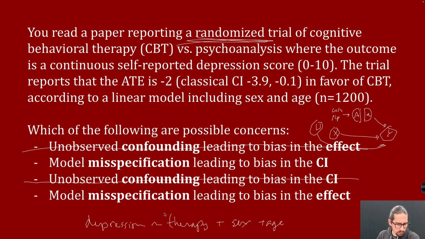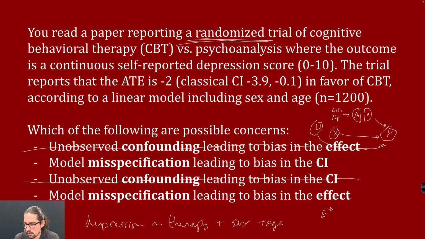There's no reason that there's a linear relationship between depression and age, or any of the other variables, and normality assumptions or anything like that probably don't hold. And so the question is, does the fact that this is misspecified lead to bias in the effect? And like we saw, this is kind of review from last time. Like we saw last time, in general, this would lead to bias in the effect, because the thing that I'm trying to estimate is this kind of, I'll just write the conditional mean as mu.